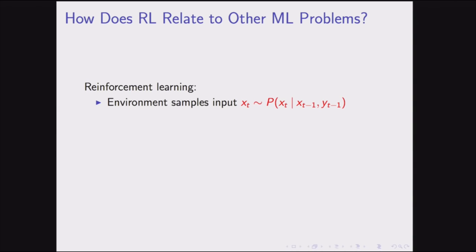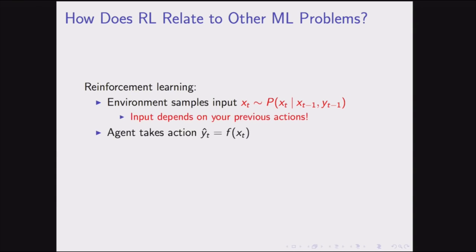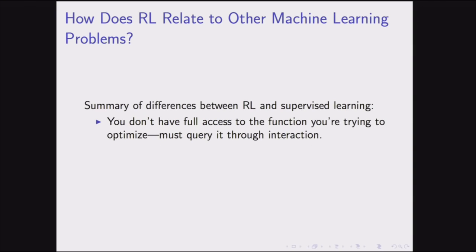It also means you have delayed effects, because since the system is stateful, you might need to take a lot of actions to get into the right state. You can't just act greedily every time step. You have to think ahead effectively. Okay, so just to summarize, there are two differences.